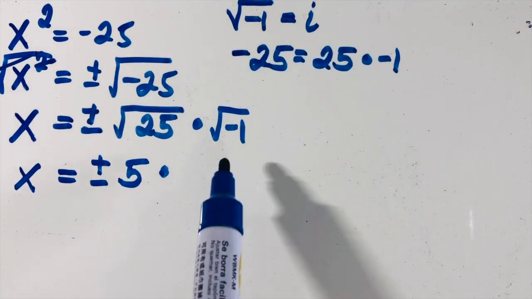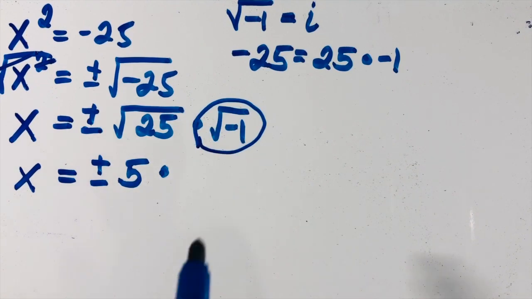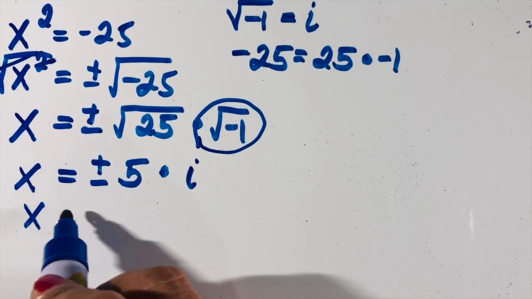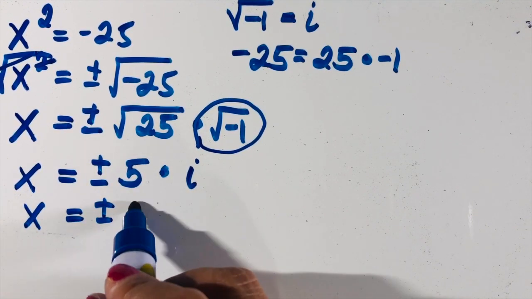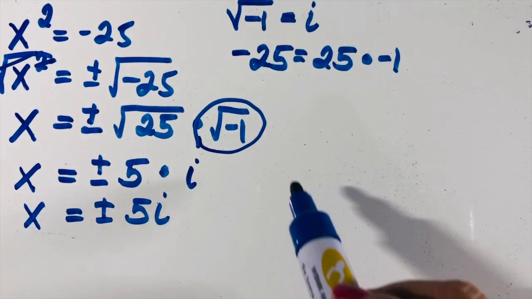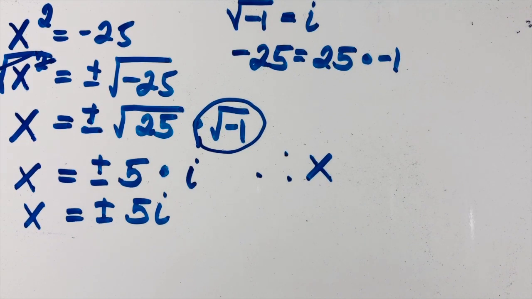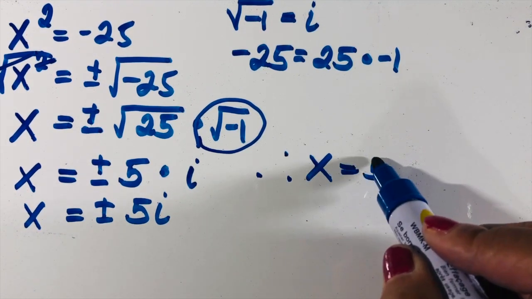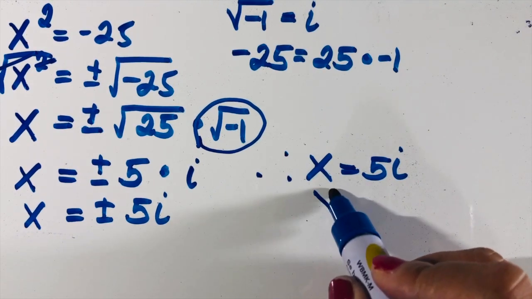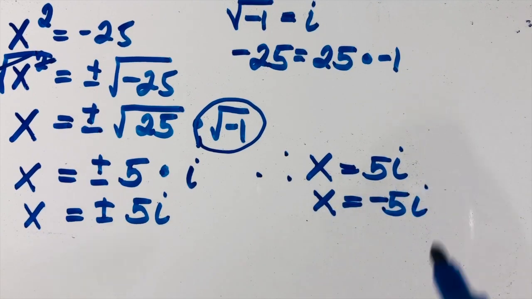That is i. Therefore, we will replace square root of negative 1 by i. So, what is 5 times i? That is 5i. So the values of x, or the solutions, are the first one, the positive number, which is 5i, and the second one is negative 5i.